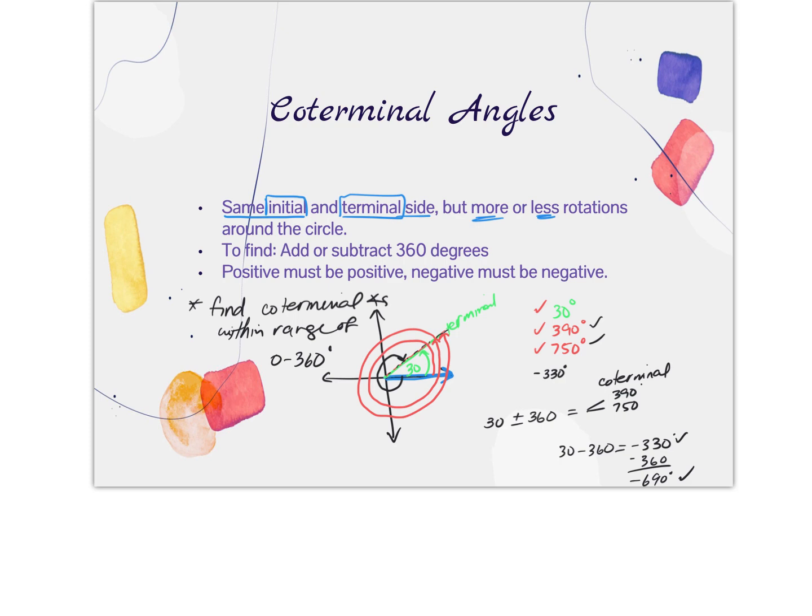So when I ask you to list them, obviously if you need a negative one, you're going to have to give me a negative one, right? But for the positive ones, I'd prefer that they get closer to this. And try to make the negative one maybe between 0 and negative 360 or something like that, okay?